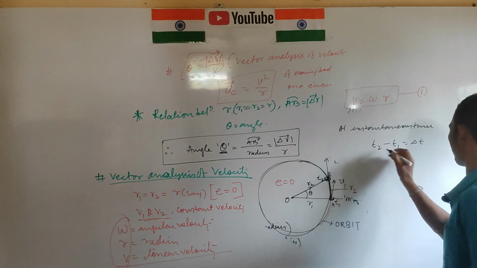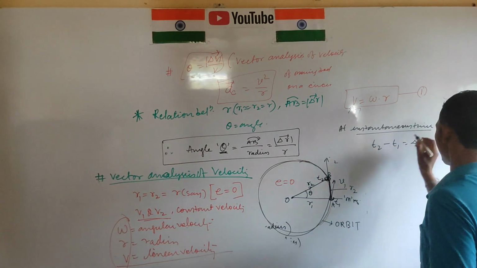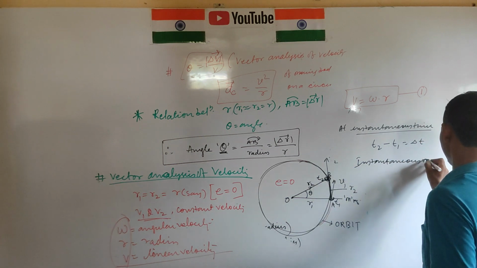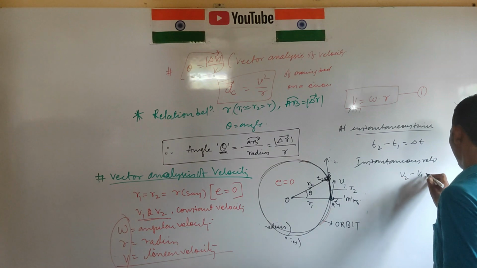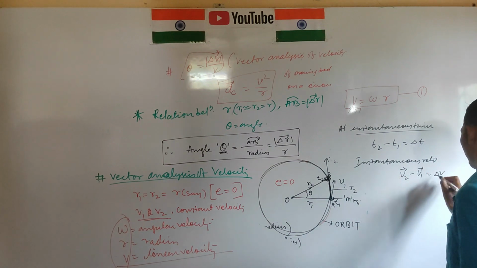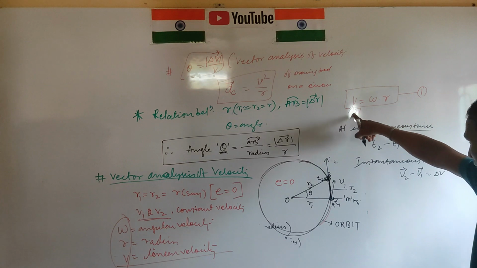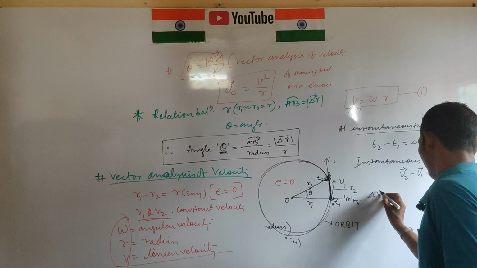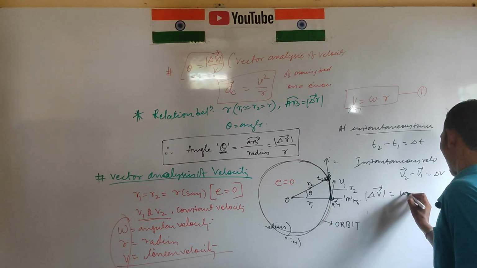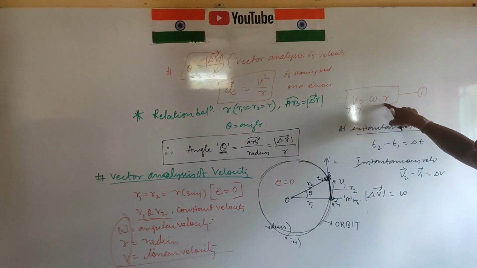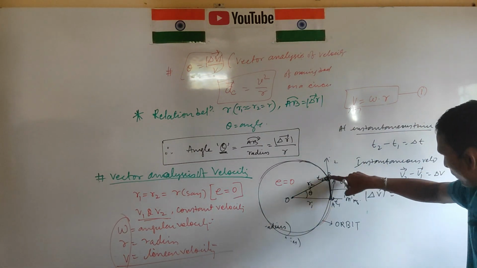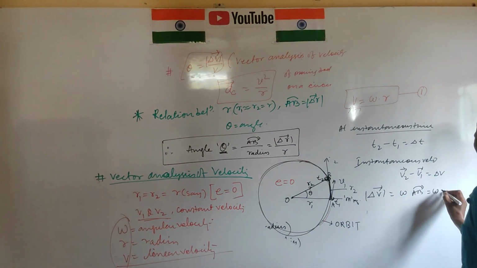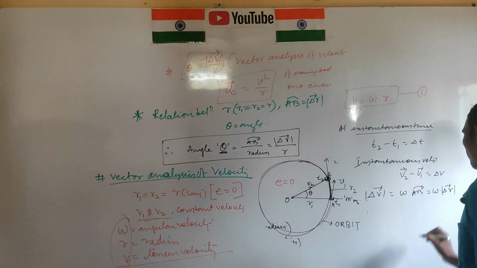The instantaneous velocity v2 minus v1 is called delta v. Whenever it is instantaneous time, delta v equals omega times the instantaneous distance covered, that is arc A to B. That is, omega times delta r.